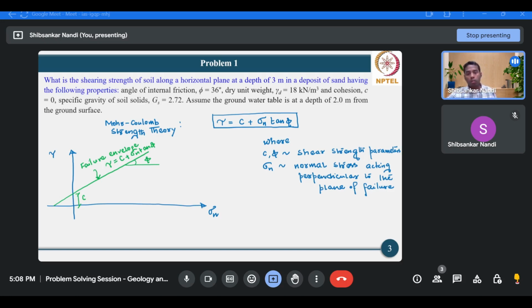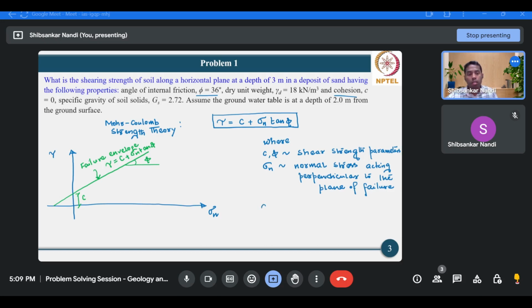Now in this problem, as we can see, the shear strength parameters of the soil are given to us, in terms of the angle of internal friction and the cohesion. So these are the two shear strength parameters.